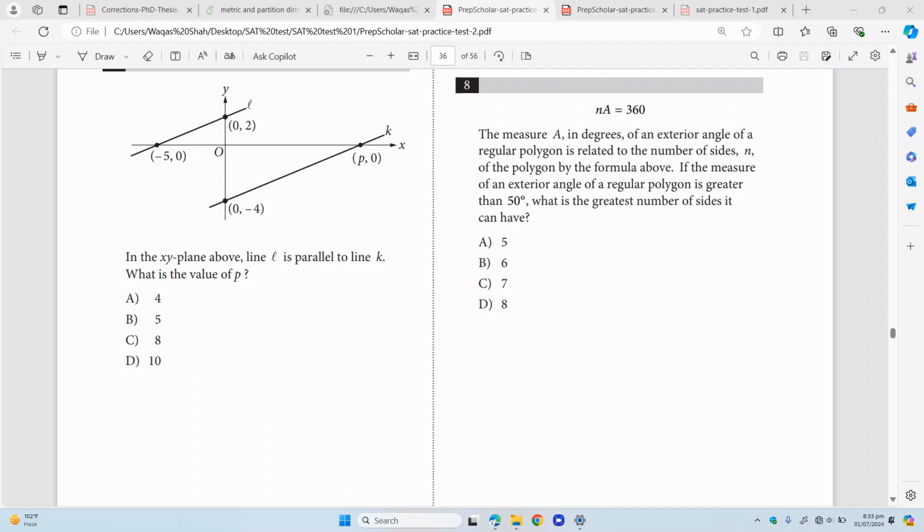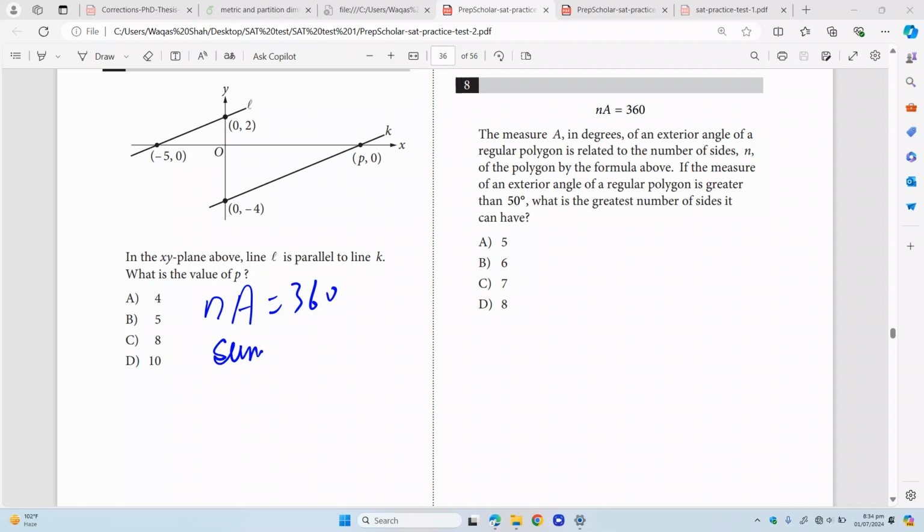Question 8 is very interesting. It says that the measure a in degrees of an exterior angle of a regular polygon is related to the number of sides n. So if you have a polygon, the sum of the exterior angles of any polygon is equal to 360, okay.